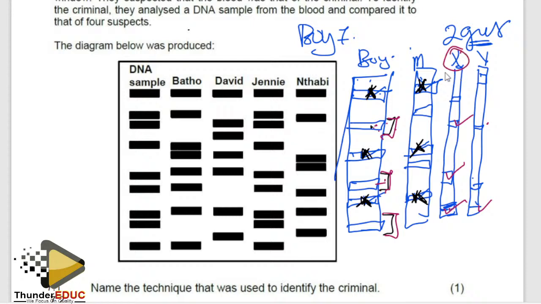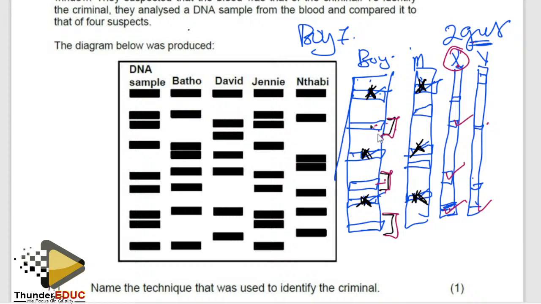Explain your answer. Why are you saying that X is the father? X is the father because the remaining bars of the boy, which do not correspond with the mother, correspond with this guy X. All the remaining, the word all must be there.